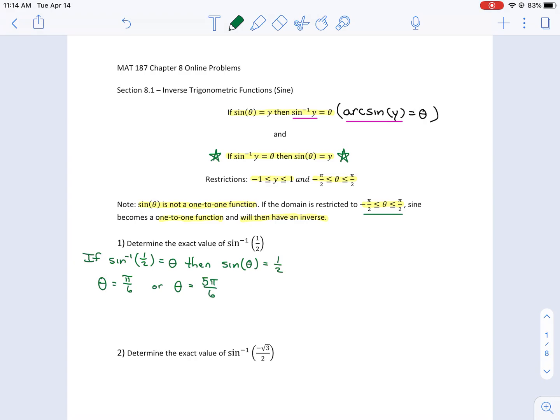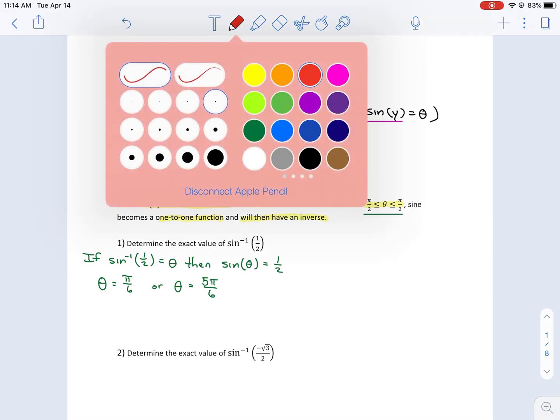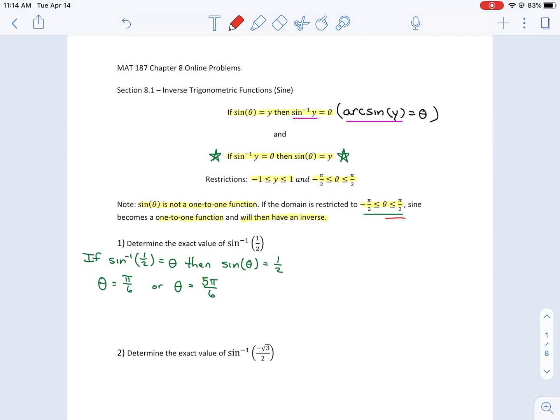And what I mentioned earlier is that the thetas, your angles, have to be in the interval -pi halves to pi halves inclusive. And only one of these angles is in that interval, and that is pi sixths.